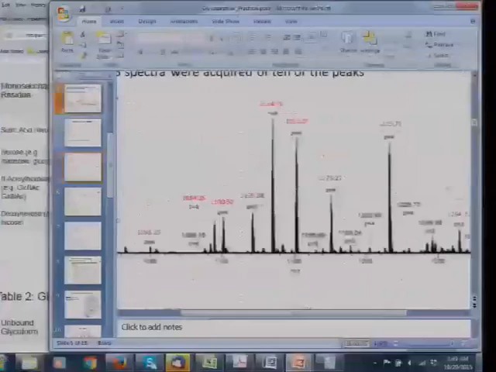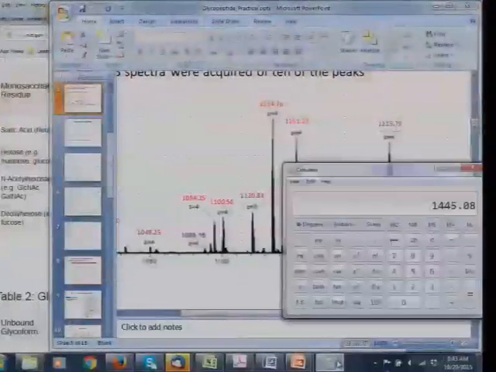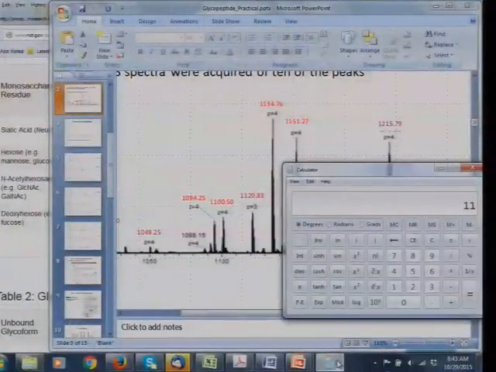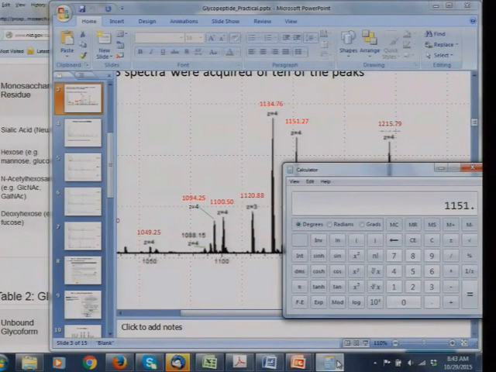Try one more time. 1151.27 times 4, take away 3 to give it a singly protonated mass. 4,602. Is that what I got last time?